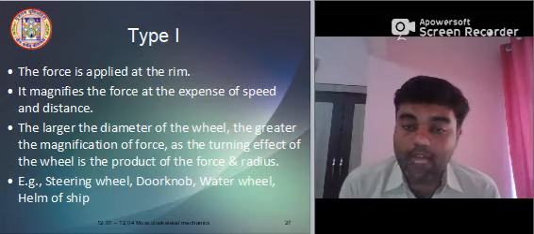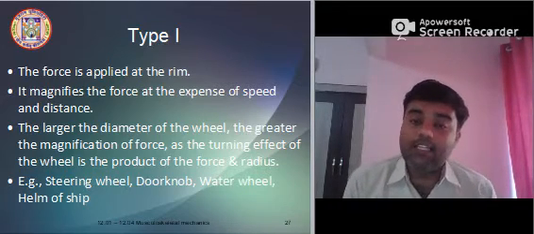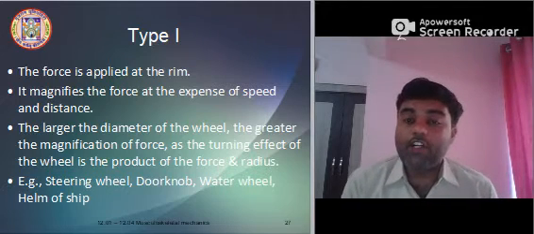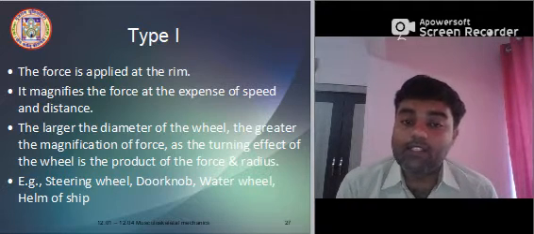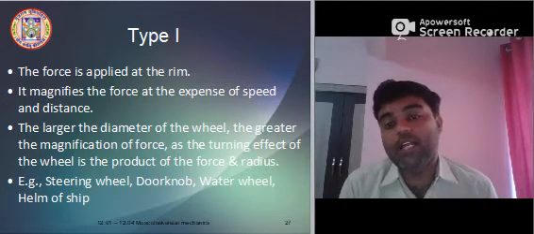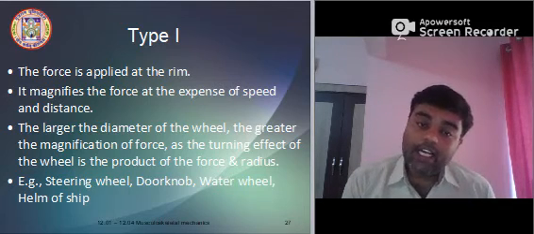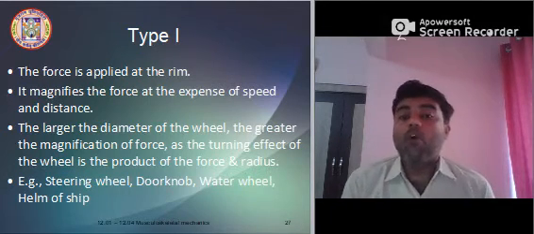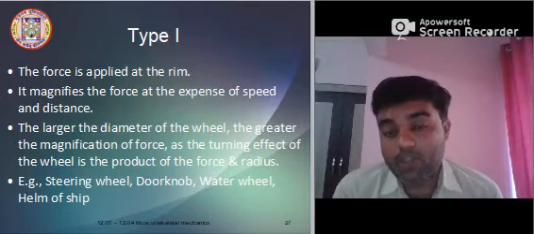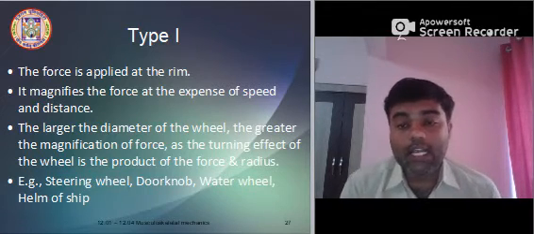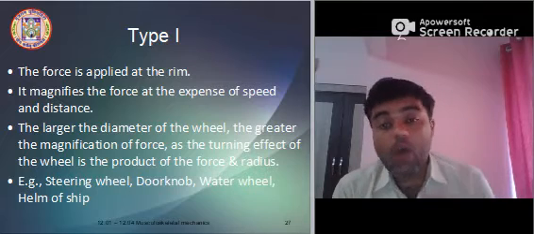Obviously, with more diameter we can easily magnify the force, as the turning effect of the wheel is the product of the force and the radius. Examples: steering wheel, door knob, water wheel and helm of ship. I know you are confused, but in the next slide you will easily get clear how it works.